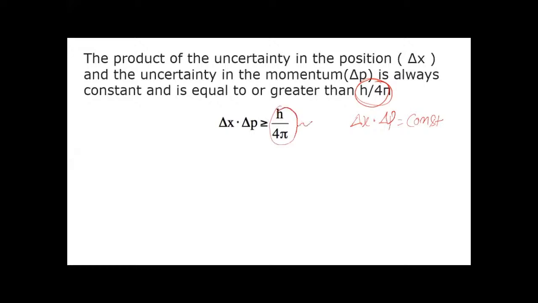This constant is known as the Heisenberg uncertainty constant. It is equal to h upon 4 pi. When we expand delta p, we can write this equation as delta x times m delta v is equal to or greater than h upon 4 pi. Here delta x is the uncertainty in position, whereas delta v is the uncertainty in velocity.